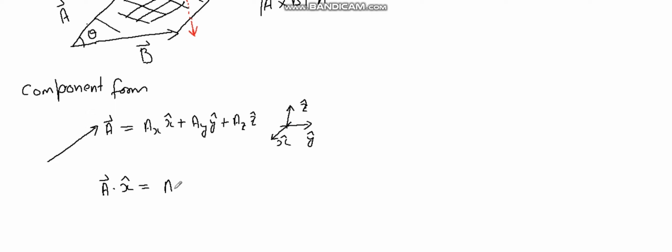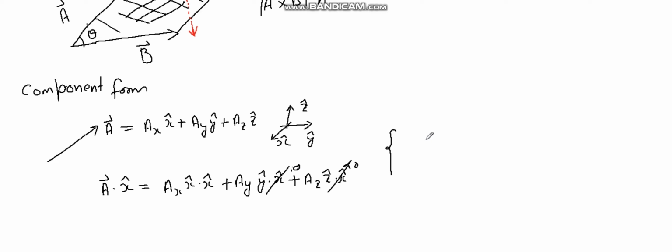Then we get Ax times x cap dot x cap, plus Ay times y cap dot x cap, plus Az times z cap dot x cap. These last two will be 0, because this is an orthogonal coordinate system.